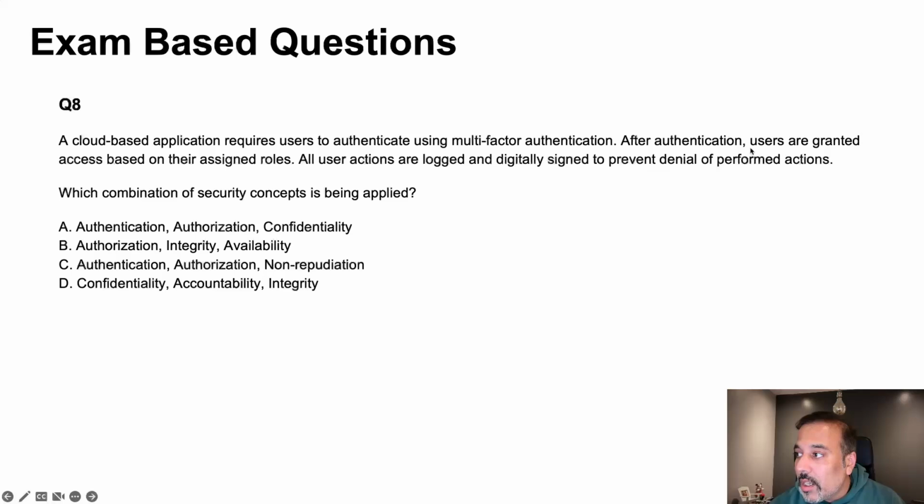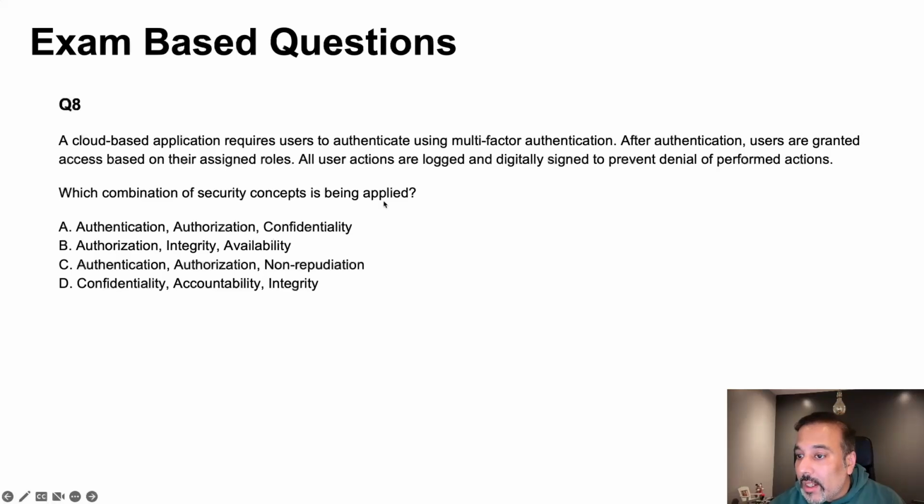After authentication, users are granted access based on their assigned roles. All user actions are logged, so they have accountability, and digitally signed to prevent denial of performed actions. Digitally signed means they've implemented non-repudiation as well, so no one can deny the act. Which combination of security concepts is being applied over here?